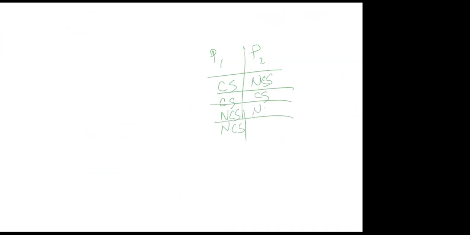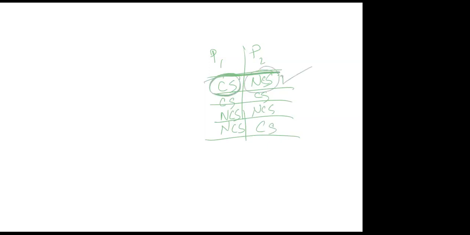Let's check the thing that I mentioned. Let's say processes P1 and P2, each in either the critical section (CS) or the non-critical section. Here, P1 is in the critical section and P2 is in the non-critical section.